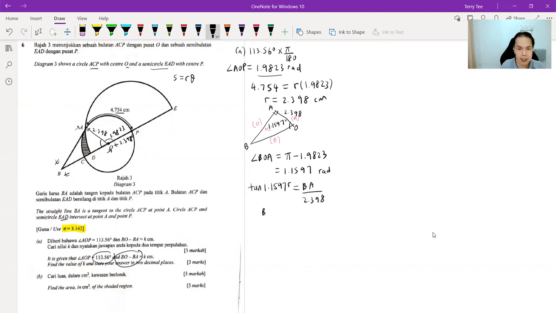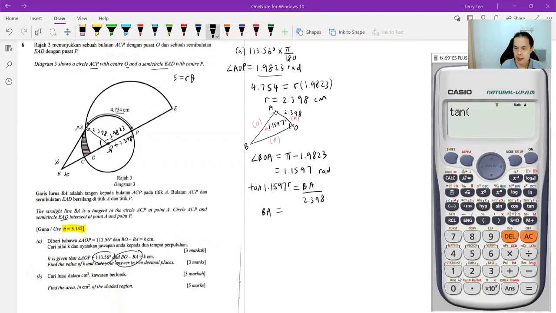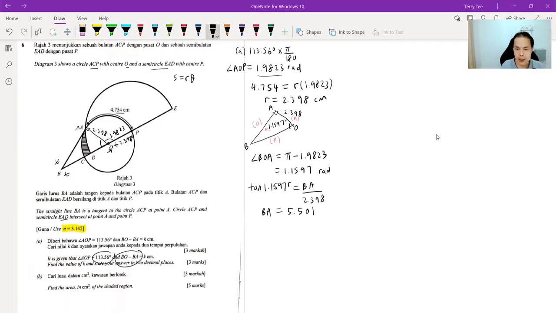Multiply over. Use your calculator in radian mode: tangent 1.1597, multiply with 2.398. My BA is 5.501.